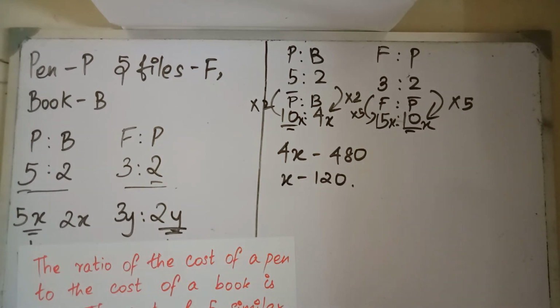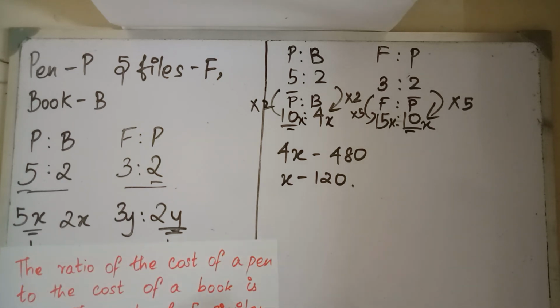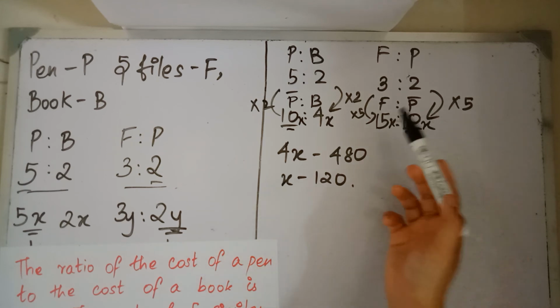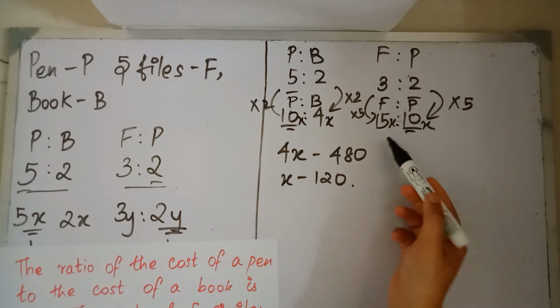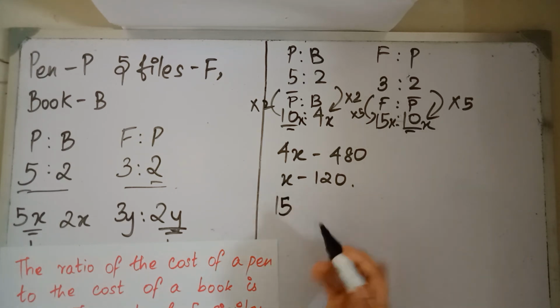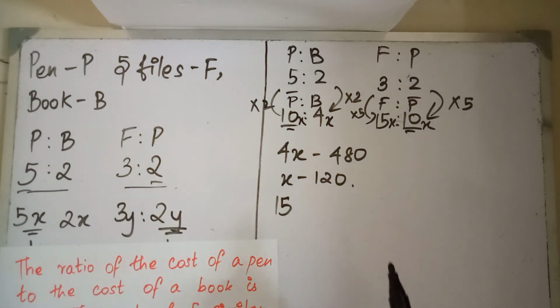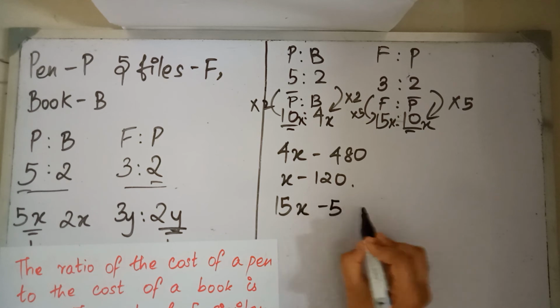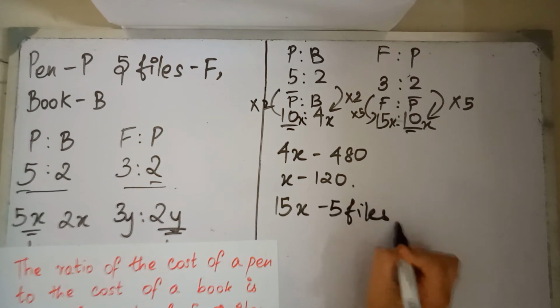Now we have to find the cost of 2 files. So let's first find the cost of 5 files, which is 15x, because we have taken F to be 5 files. So 15x will be the cost of 5 files.